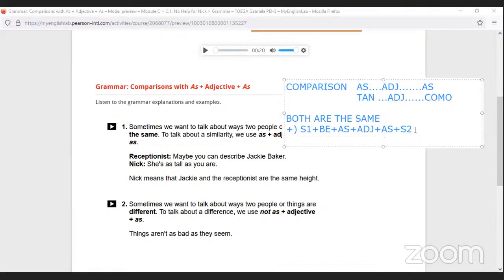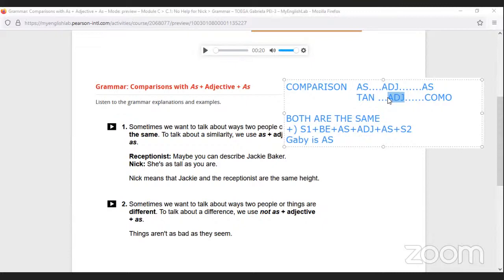For example, maybe I could put Gabby is, the verb to be, Gabby is the first as, Gabby is as my adjective. My adjective in the only form that we have, without er, without more. So the adjective in base form, okay?